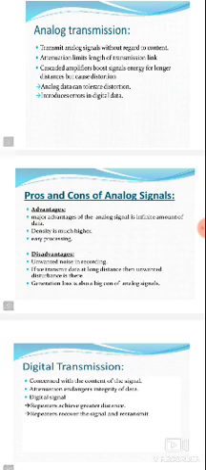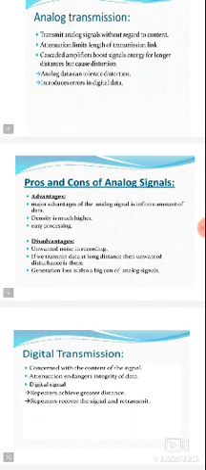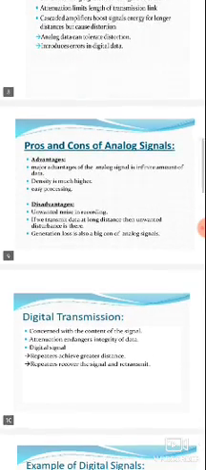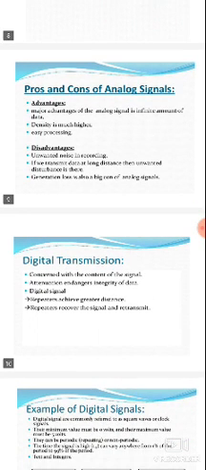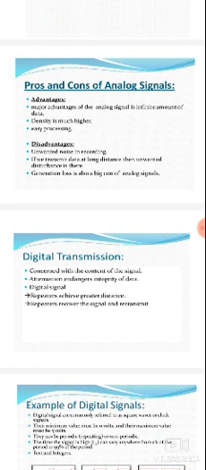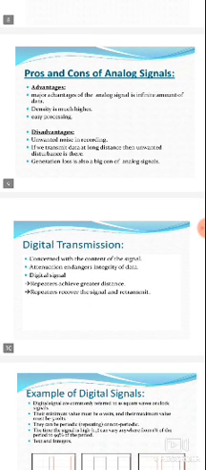Next, advantages and disadvantages of analog signals. The major advantage of analog signals is that they carry an infinite amount of data and the density is much higher. Next, easy processing.